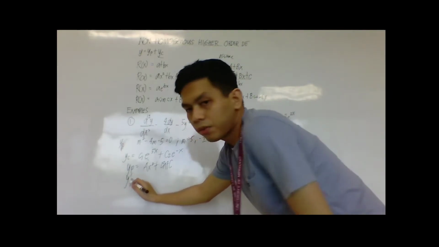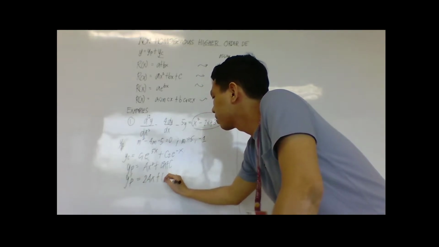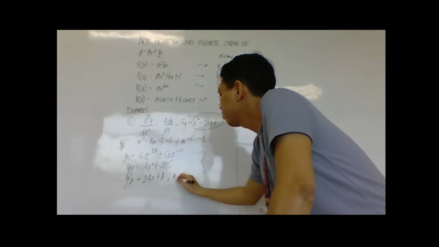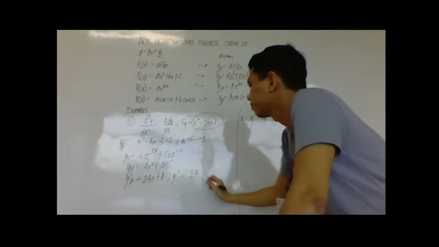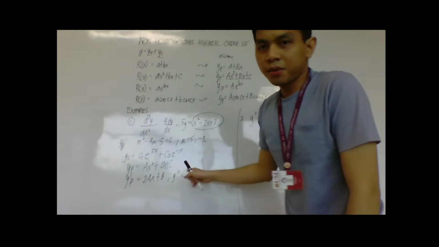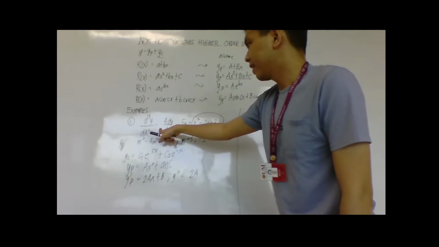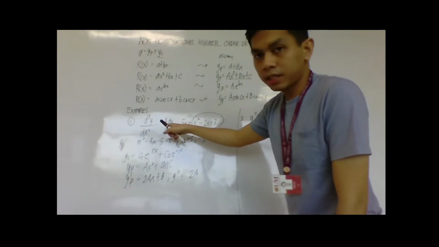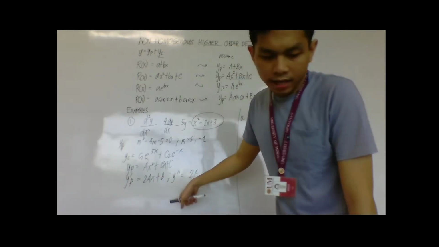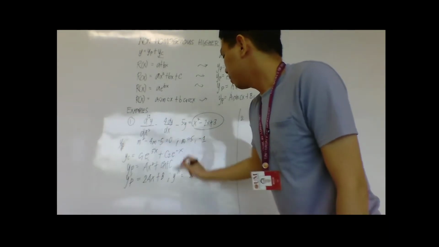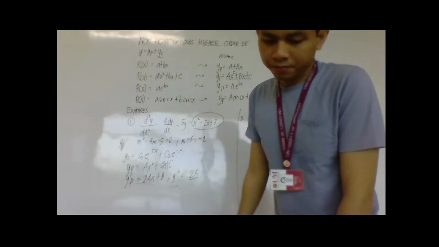The first derivative is 2ax plus b, and the double derivative is 2a. Now we can substitute into the original equation.